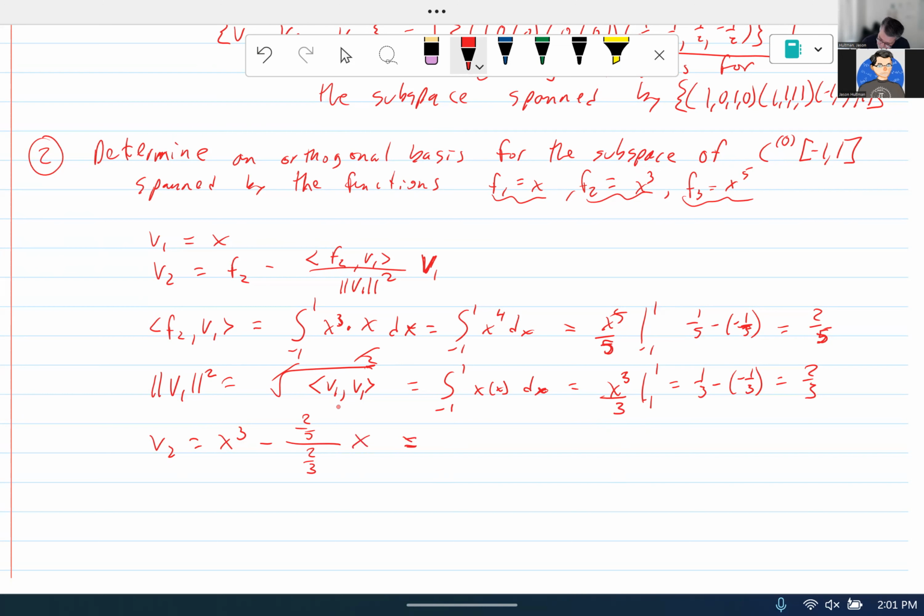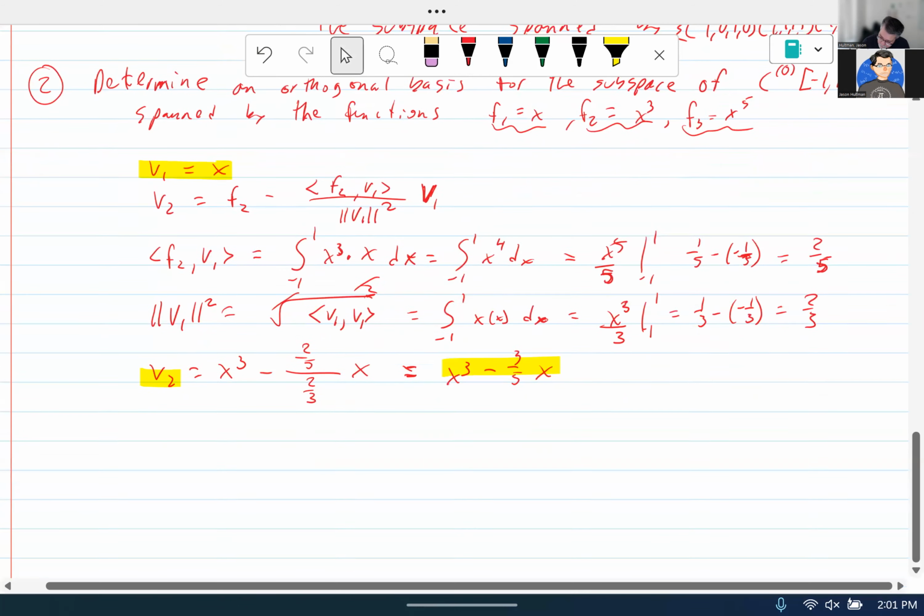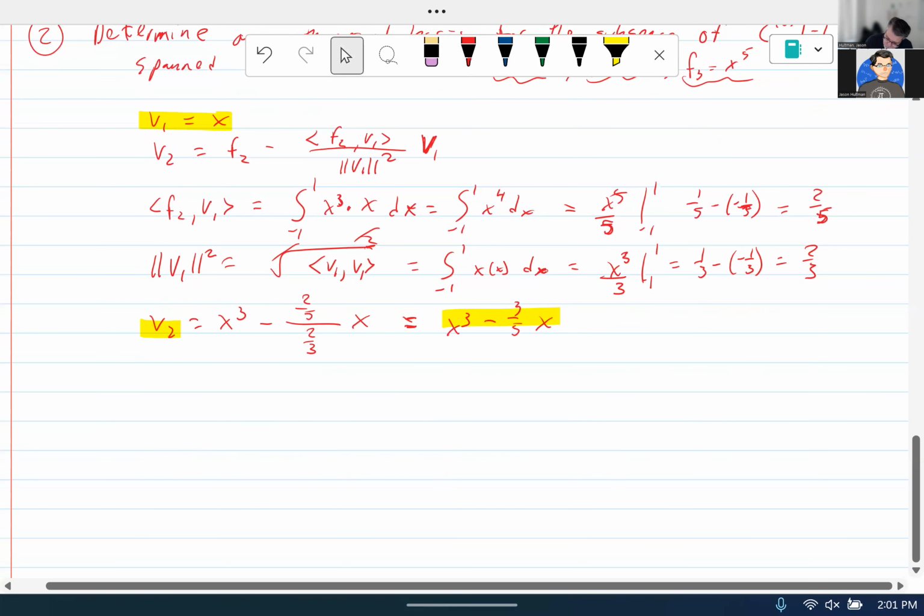So this becomes x cubed minus 3/5 x. And that's v2. We found v1. V1 is x. Now let's go on to figure out what V3 is.